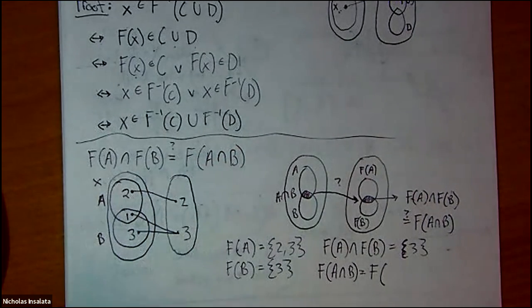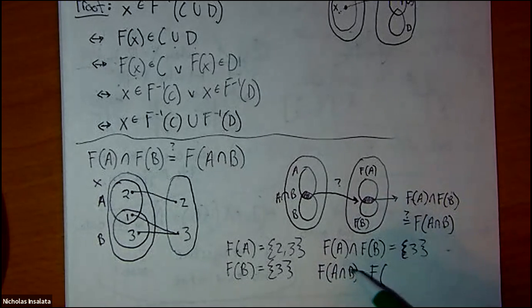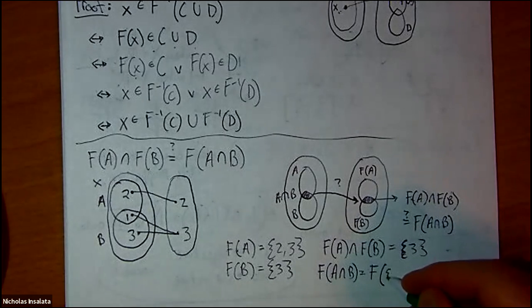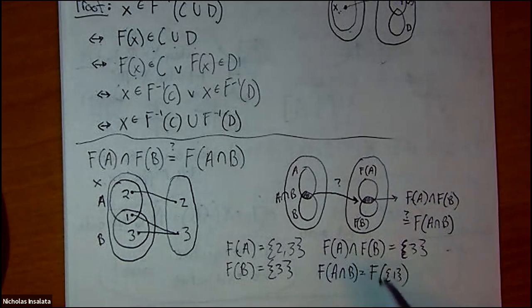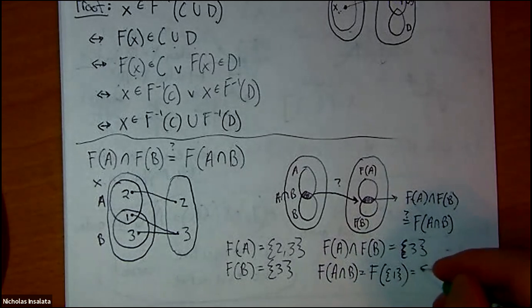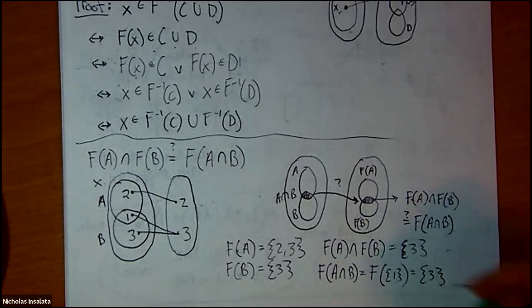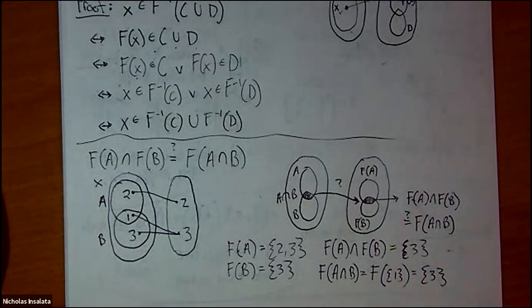Okay, good, so I don't have to redraw. Okay, so what's A intersect B? I'm just going to substitute inside of here. Oh, works as in it is not a counterexample. Okay. So then this would be the set 1, and f of the set 1 is 3. So it's not a counterexample. Okay, I see what you're saying. So we do have to redraw. Okay, so this is wrong.